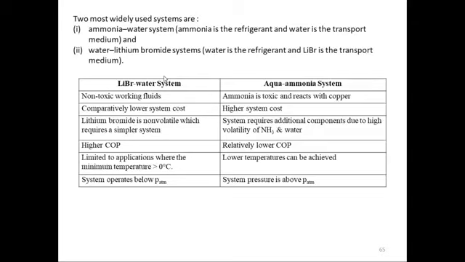It has a primary refrigerant and a secondary refrigerant. So here the two systems we have: one we call the ammonia water system. Ammonia is the refrigerant and water is the transport medium. And the other one is the water lithium bromide system. Water is the refrigerant and lithium bromide is the transport medium.